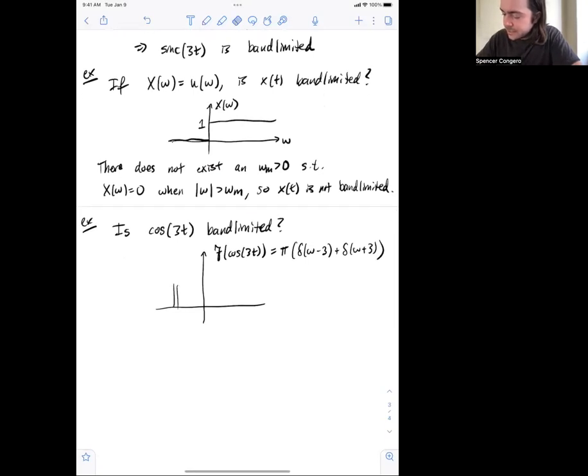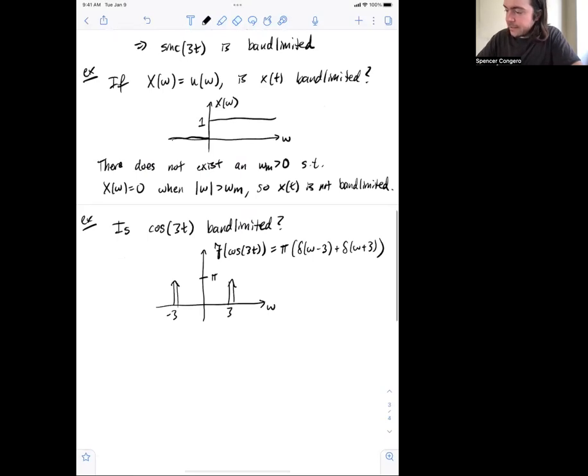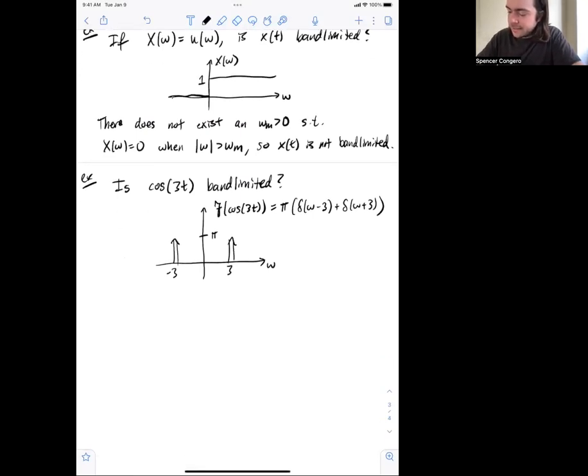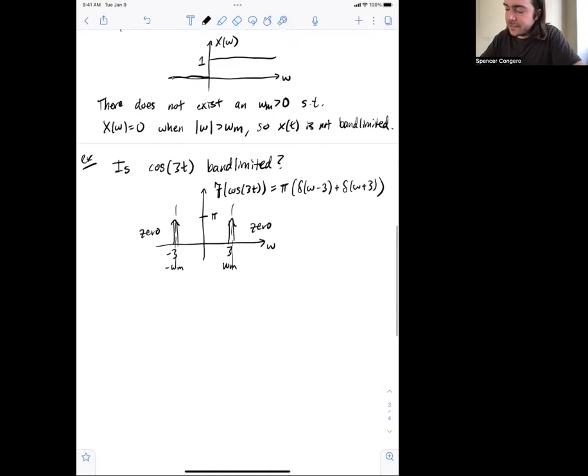Just two delta functions at plus or minus 3, with height pi. Clearly we can take omega max to be 3, because outside of those dotted lines the function just equals 0. Both those delta functions equal 0 except at plus or minus 3.